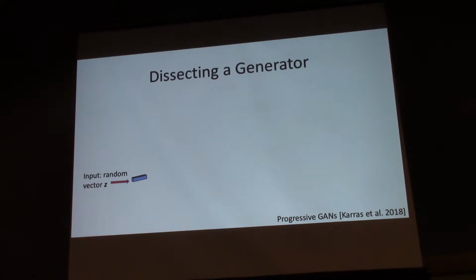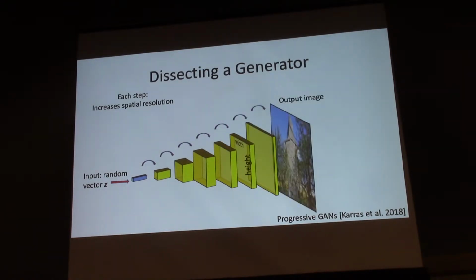The model takes a random code as input and applies a few convolutional layers. Each layer gradually upsamples, increasing the resolution of the feature map, and eventually you get a high resolution RGB image. This gigantic network is highly nonlinear, with lots of layers.